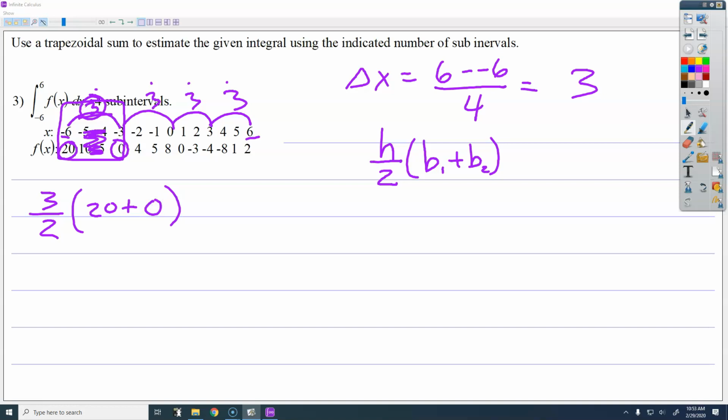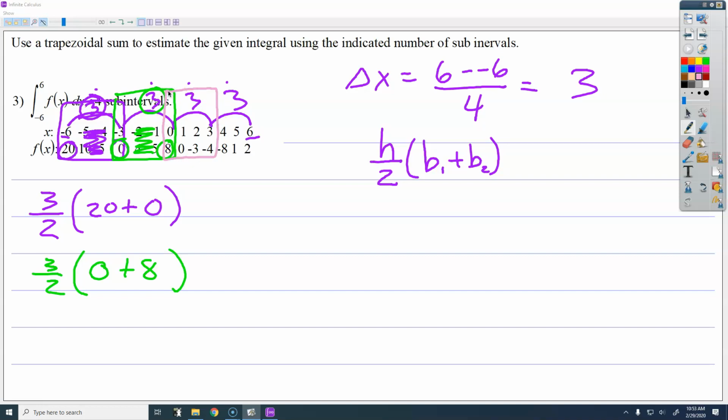My next trapezoid will be for the next interval of 3, going from here up to here. So that one has a height of 3 as well. And we don't care about the middle ones. We care about the endpoints, which are 0 and 8. We're just going to keep doing that for each trapezoid until we get to all of them.